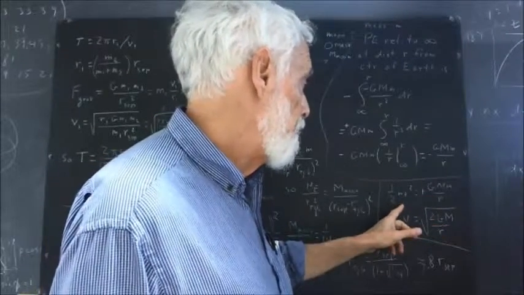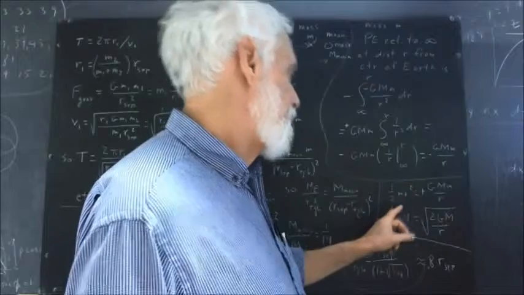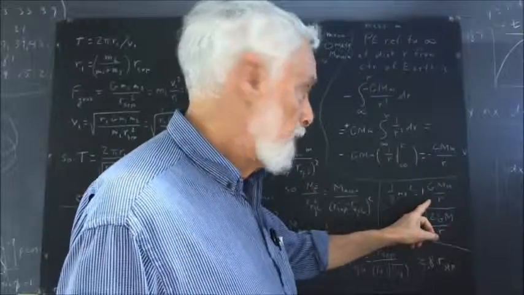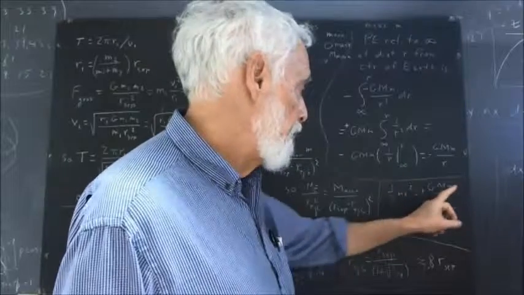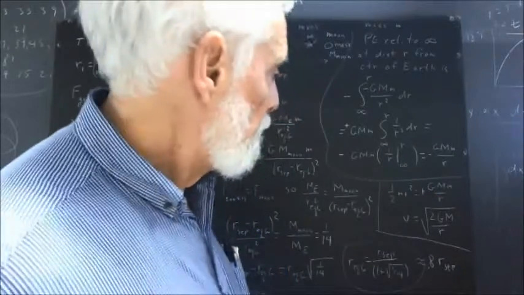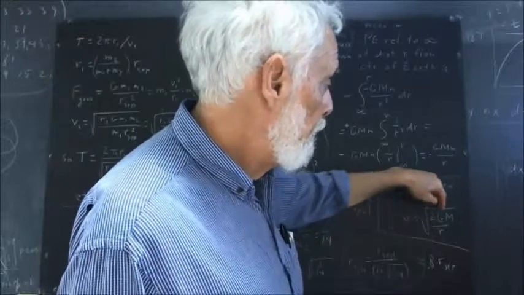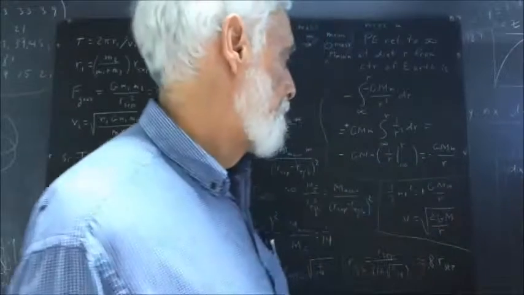So it's going to attain a kinetic energy equal and opposite to this quantity, which is, of course, this quantity. So we can set 1/2 mv squared equal to this, solve for v, and it's very simple to solve for v. We get the square root of 2 big G big M over r.